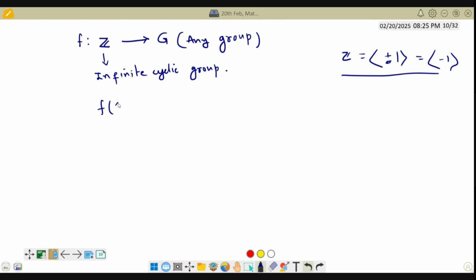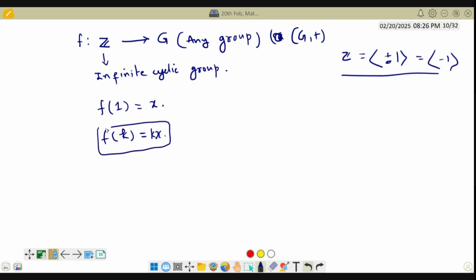So let's fix f of 1 to be x, and take G as an additive group. Then f of k will be k times x. This is the homomorphism.